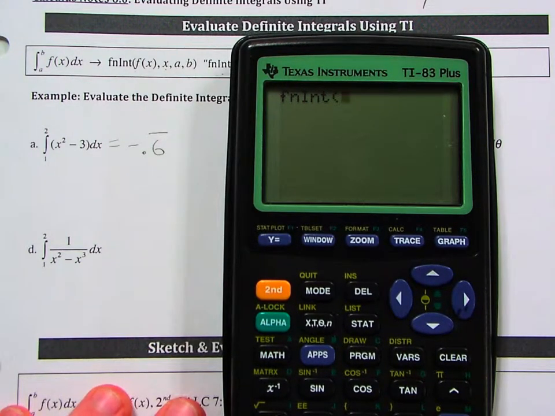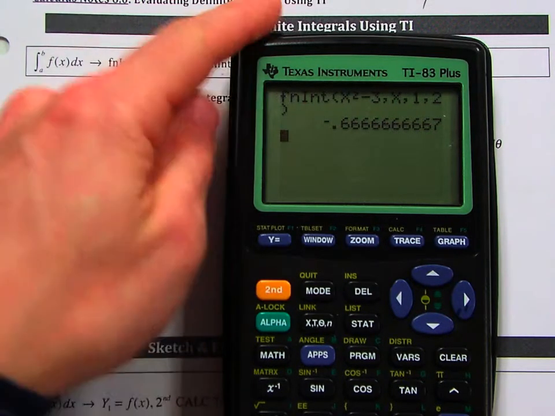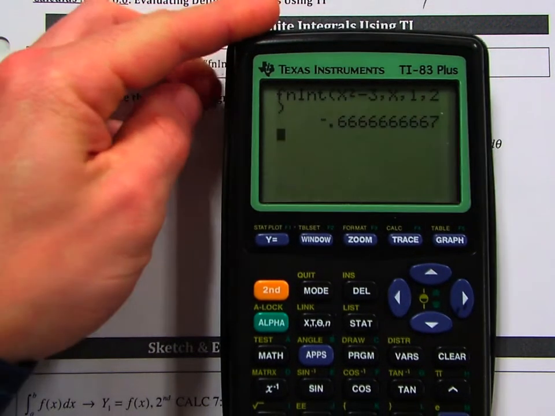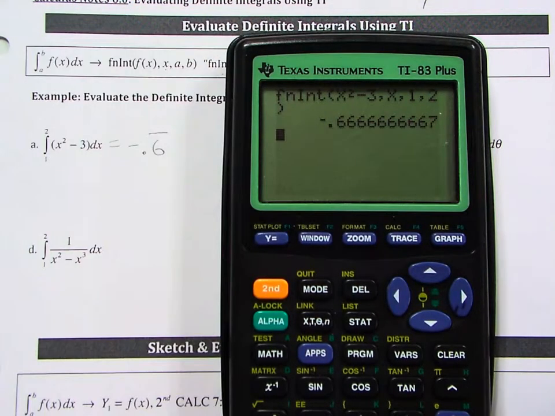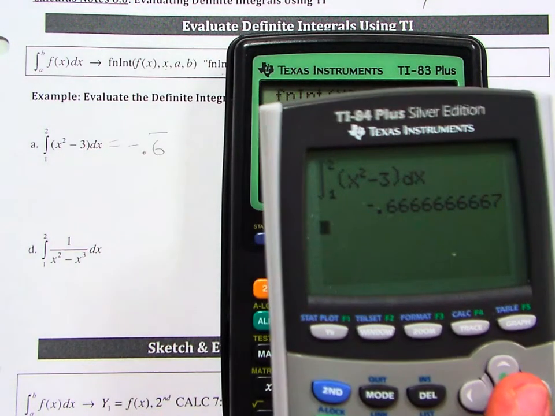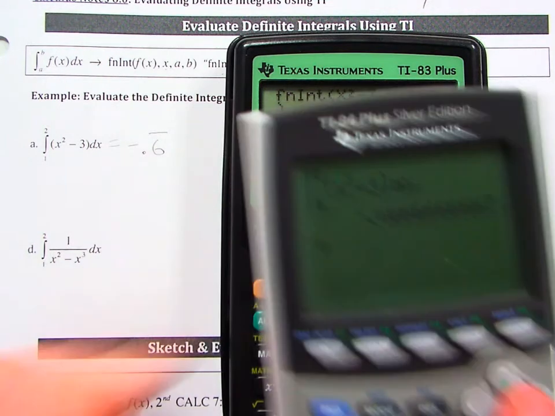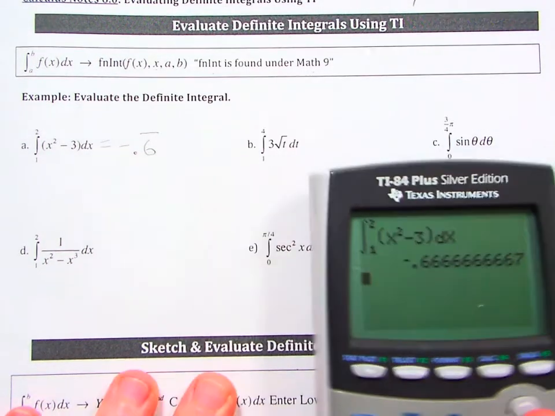You do the same thing: type in x squared minus 3, there's your function, then a comma, with respect to x, then a comma, and we want 1, comma 2. It's a little more to remember with this calculator as opposed to the other one. I'm going to use the other one because it looks pretty. So let's try our next one.